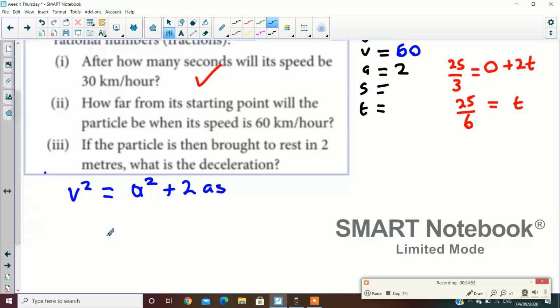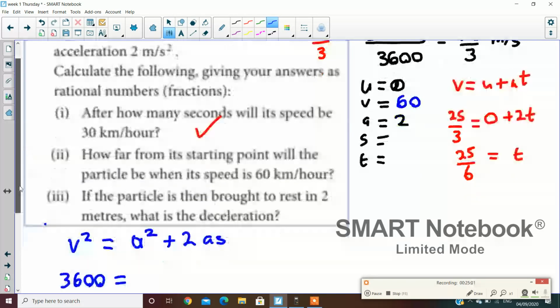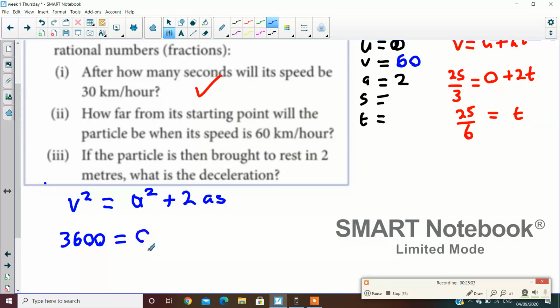Okay, so v squared is 3,600. u squared is still 0 squared. 2as, so 2 times 2 times s. Then we get the s value there. What do you get?